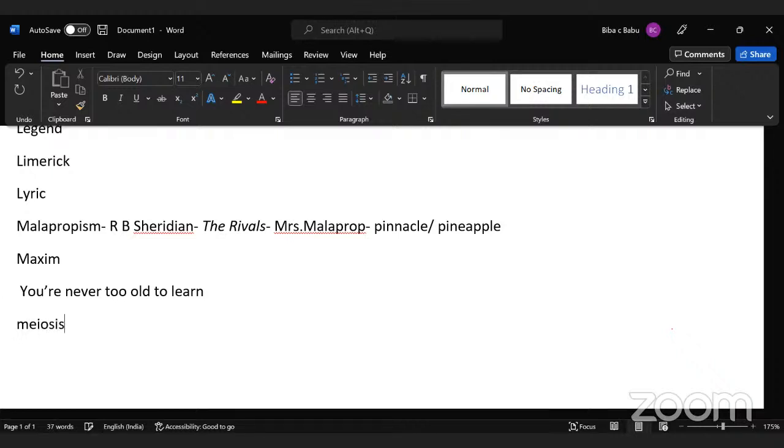Next is meiosis. Meiosis is a witty statement, a very witty statement, but one that diminishes or belittles someone or something. You will degrade someone. It creates a negative effect on someone or something.